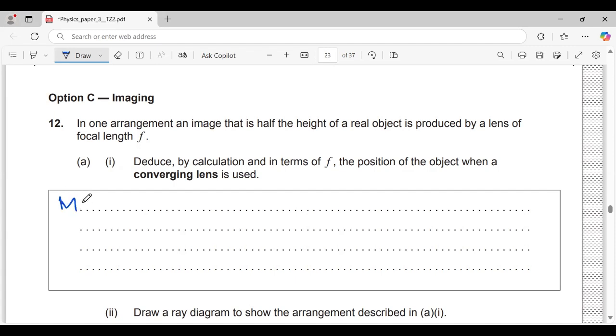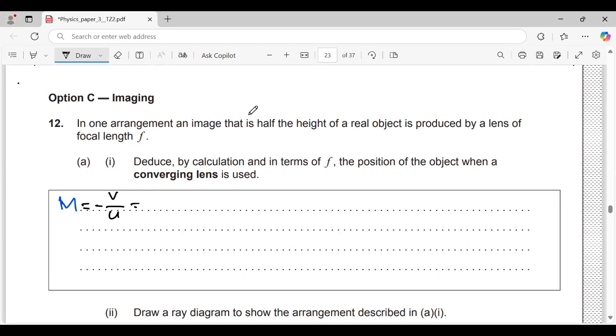Okay, I'm going to use the black color. M equals image height over object height, which is v over u, or the image distance over the object distance.